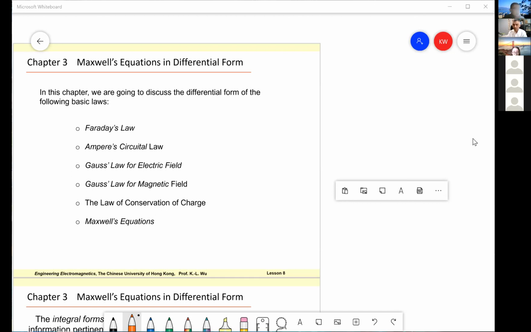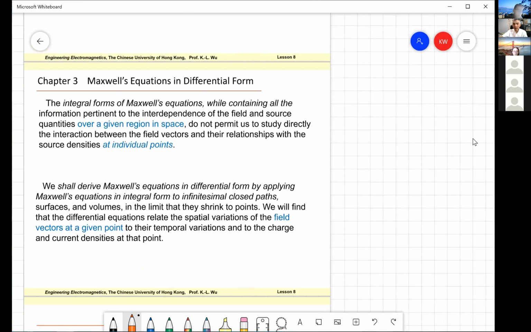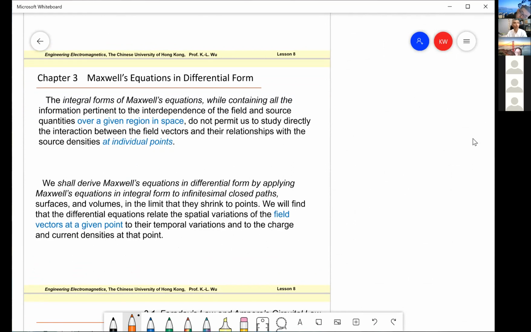The reason why we are interested in the differential form is because the integral form can be easily observed by experiment.